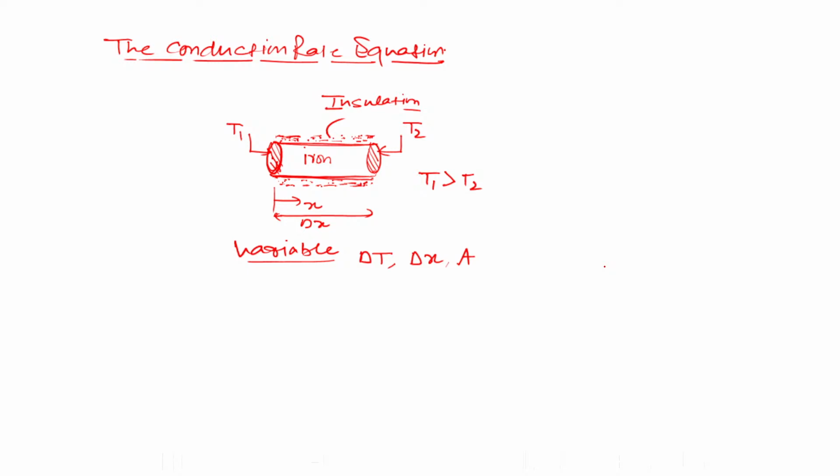Suppose we keep delta T, the temperature difference, and delta X constant, and vary A. What will happen? A means area normal to the direction of heat transfer.